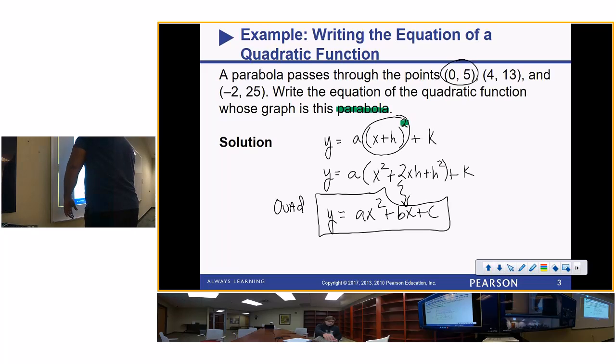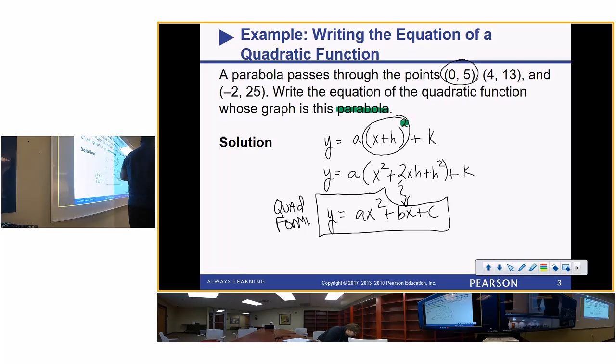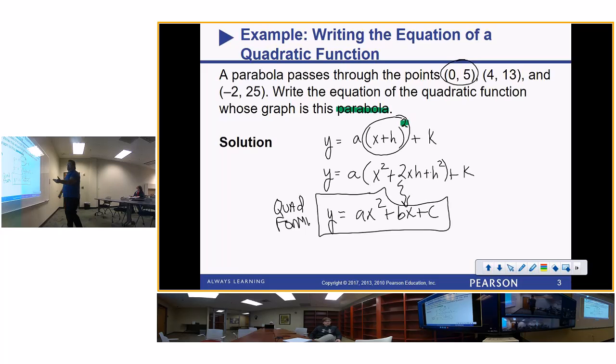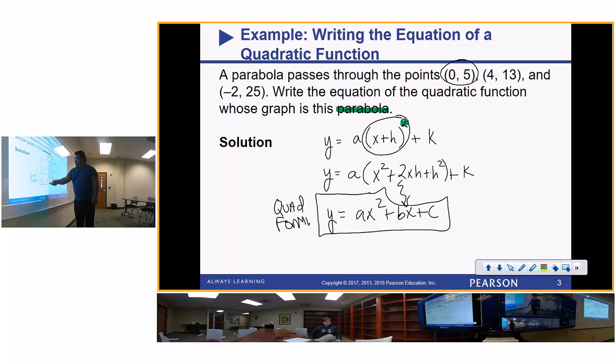Now, some of you had the quadratic formula drilled into your head in high school. Negative b. There you go. You had it sung to you. That's the form: ax squared plus bx plus c. So we already have x and y.